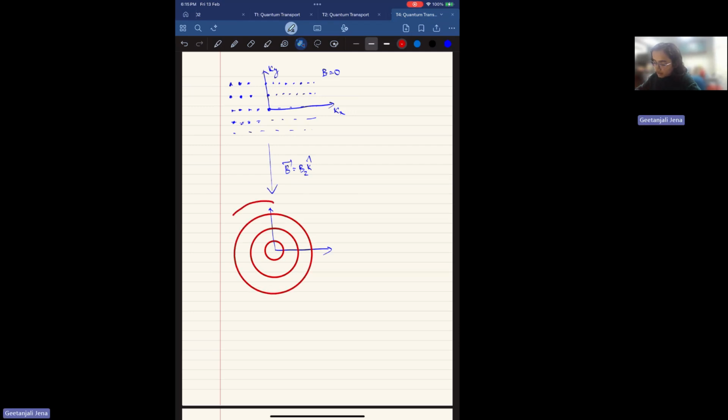These are the Landau levels, where we can see there will be allowed states. We'll see how we can calculate the number of states available in each Landau level in an area.